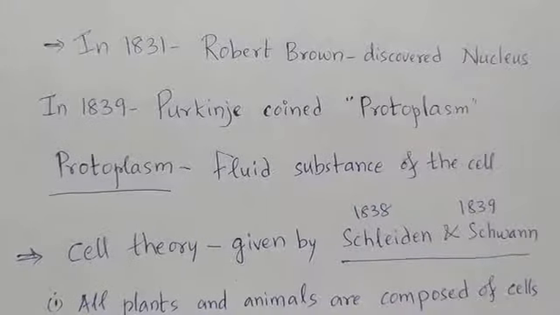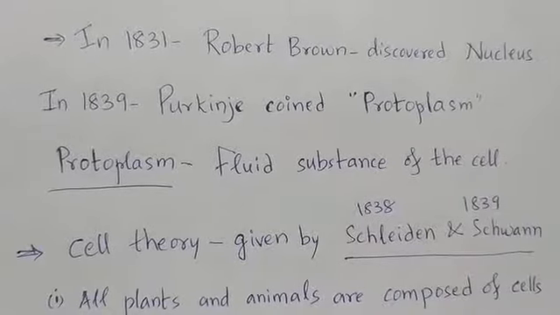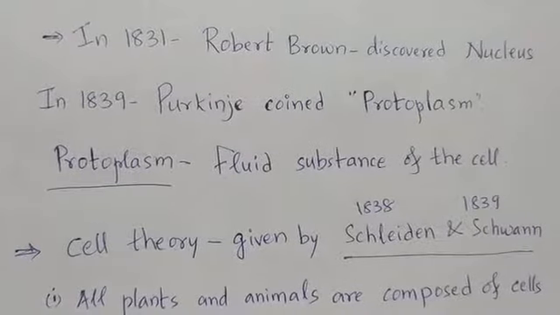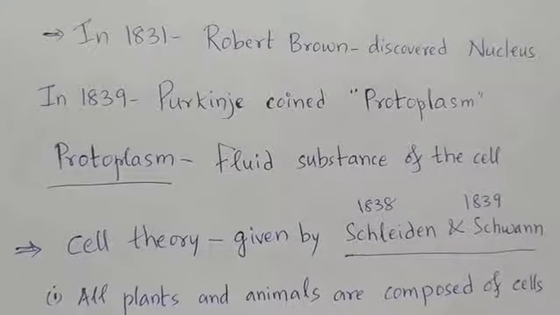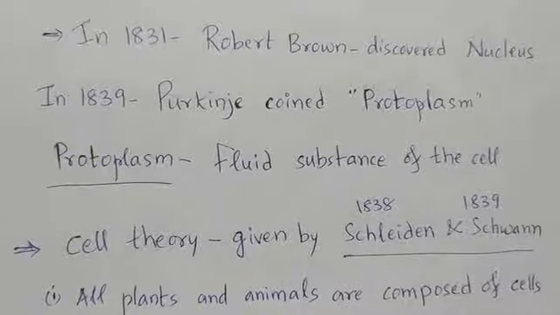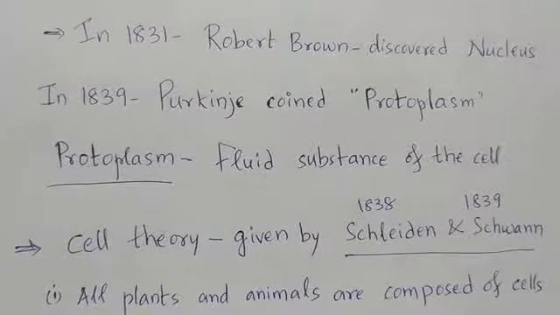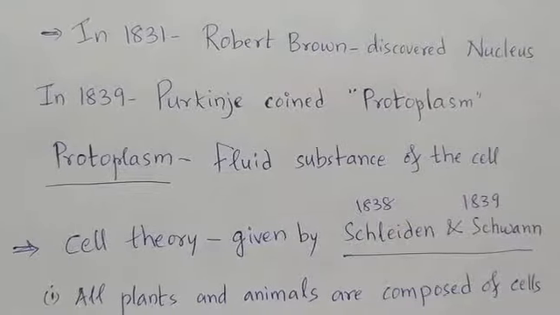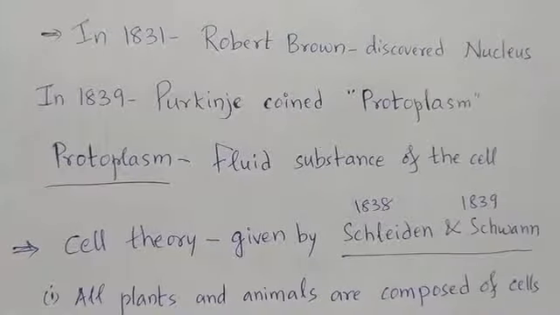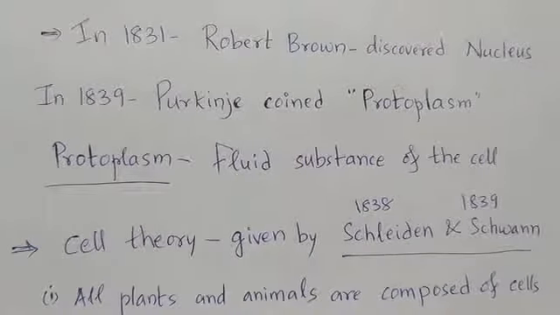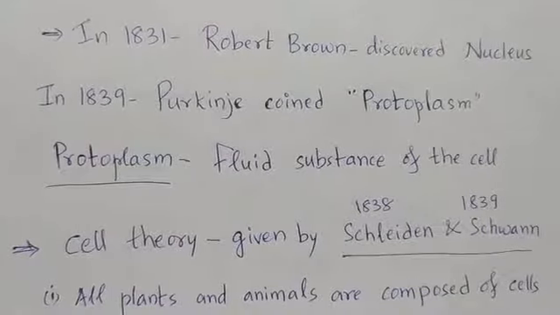Something or some person or some subject which controls and coordinates the activities of a particular organization or body, we consider it as the central thing. So the nucleus is located in the center position-wise as well as function-wise. It controls and coordinates all activities of the cell, so it is the central part of the cell. And such a nucleus was discovered by Robert Brown in the year 1831.